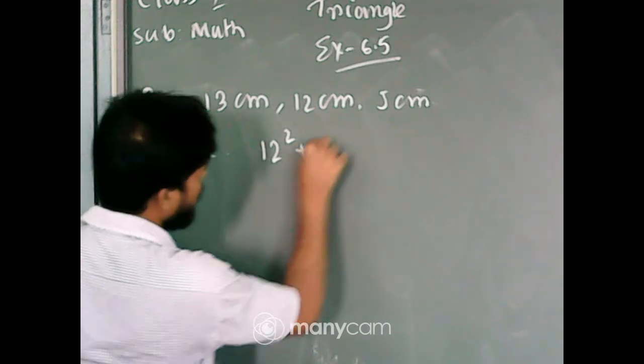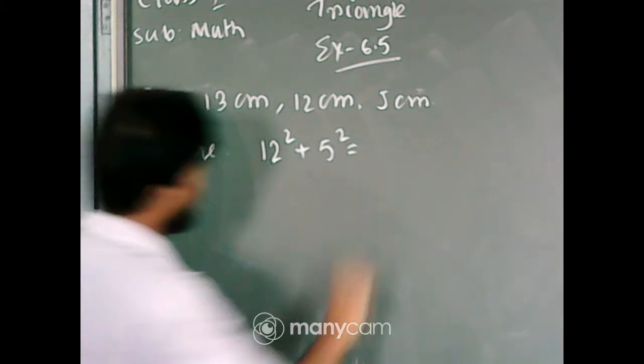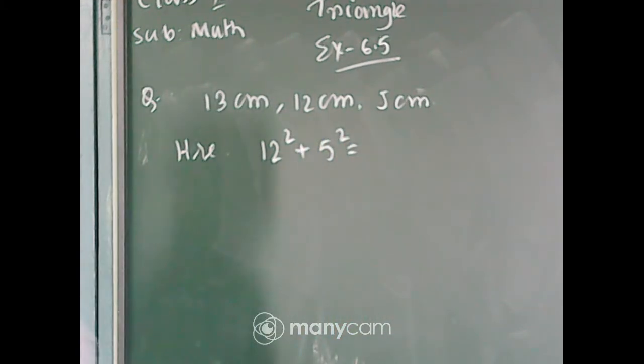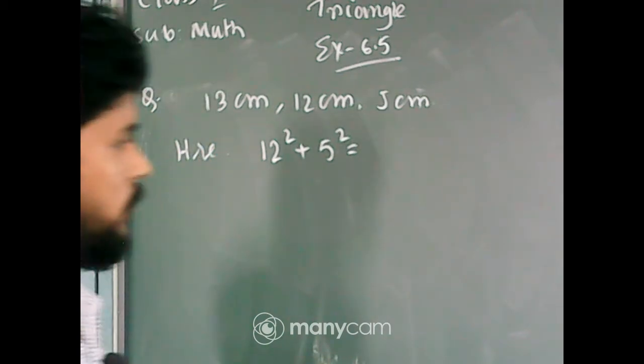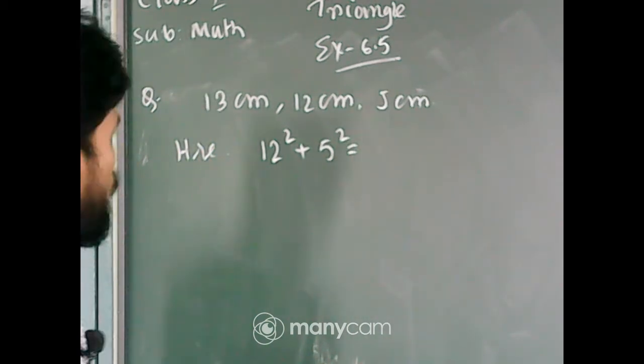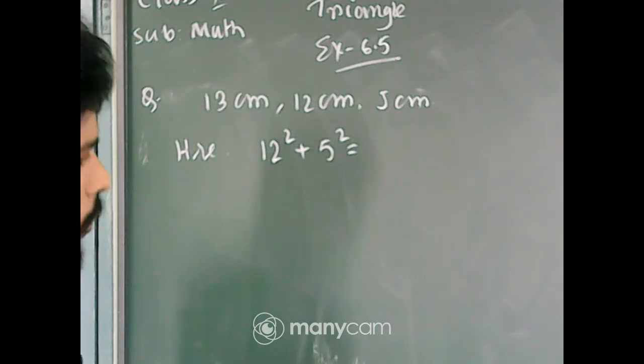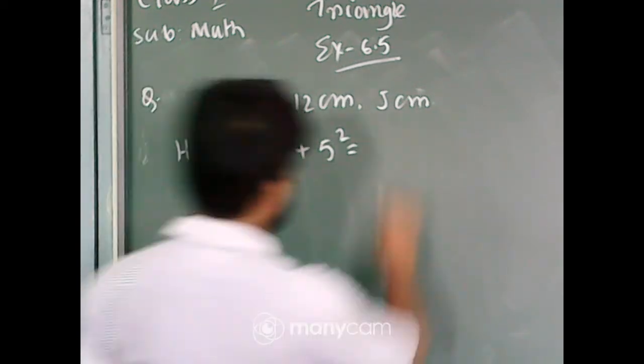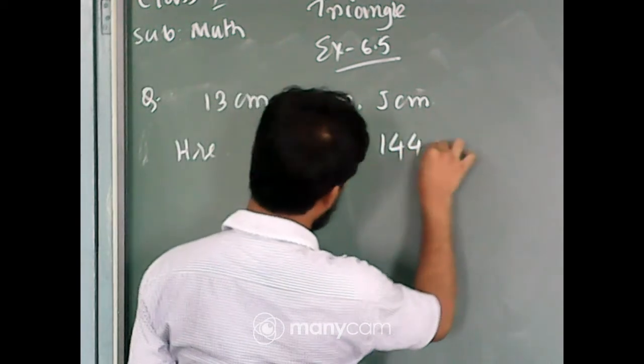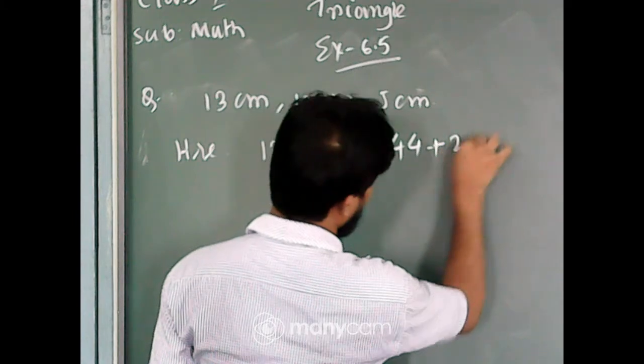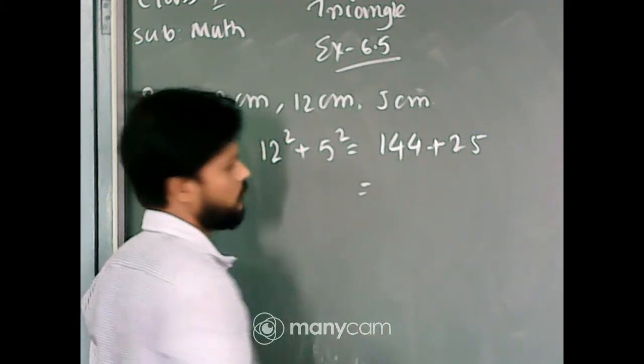Here 12 square plus 5 square. 12 square is 144 and 5 square is 25. Now add them.